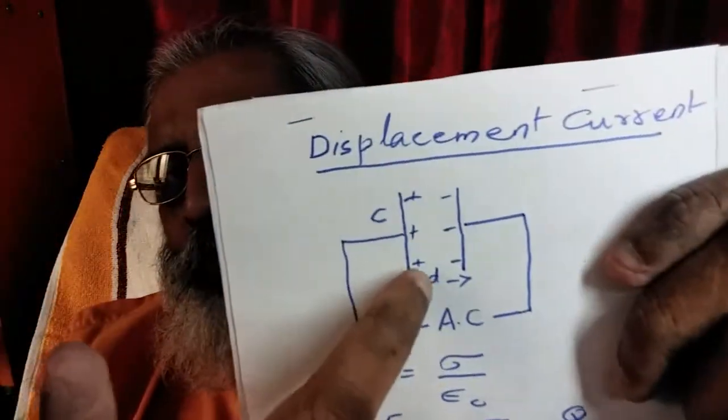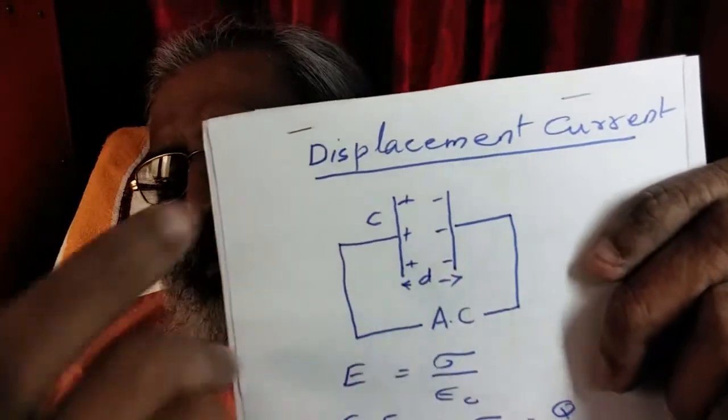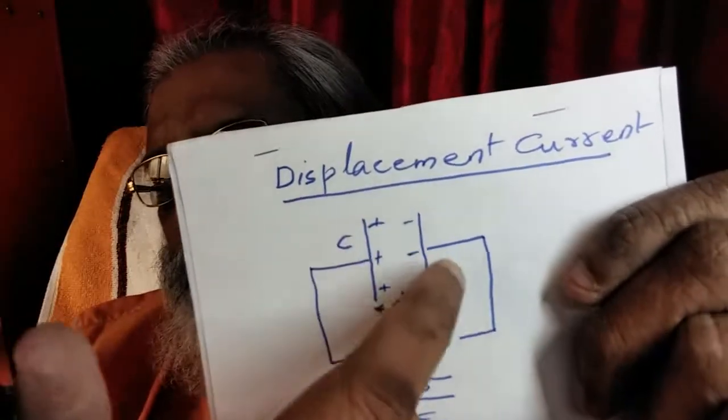At one time this plate becomes plus and this plate becomes minus. Next time it becomes minus and this becomes plus. That means there is a movement of charge in this circuit. This movement is the movement of mobile charge. Charge in motion is the current. This is what is happening here.